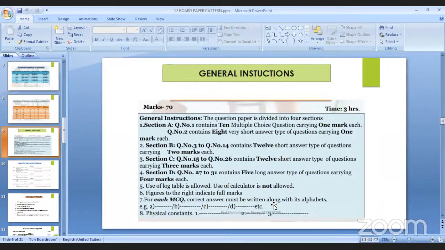Those values you will get from the general instructions. So after getting the paper in hand, read the general instructions very carefully, though you know, just go through them.